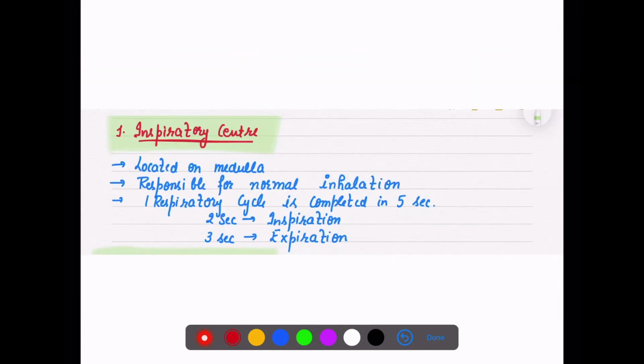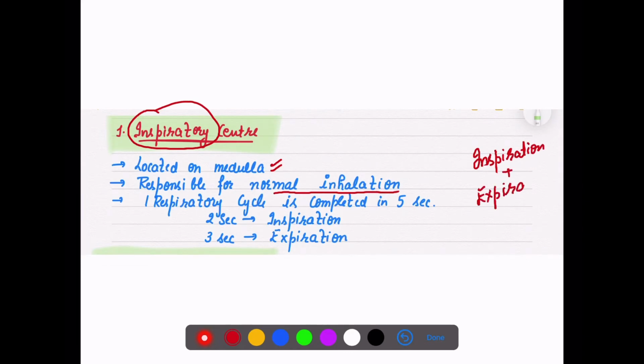First, let's talk about the inspiratory center, and then we will talk about the expiratory. The inspiratory center is located on the medulla, and it is responsible for normal inhalation. One respiratory cycle includes both inspiration and expiration.